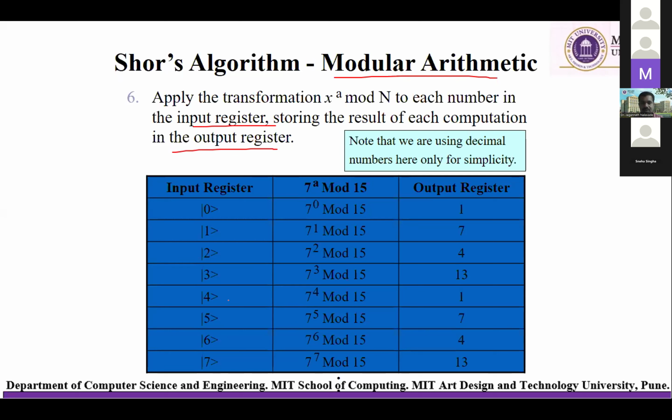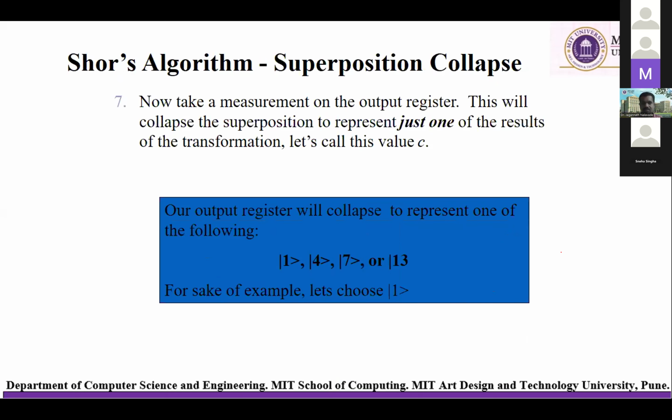As we have calculated, there are a total of 8 input registers, and if we calculate 7 raised to a mod 15, at the output register we will get these outputs. Periodically we get the same outputs: 1, 7, 4, and 13. The same numbers will be required in the next formula.